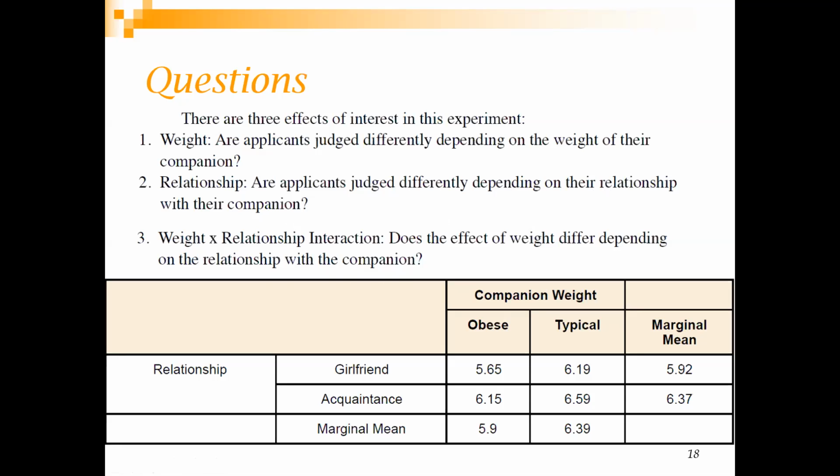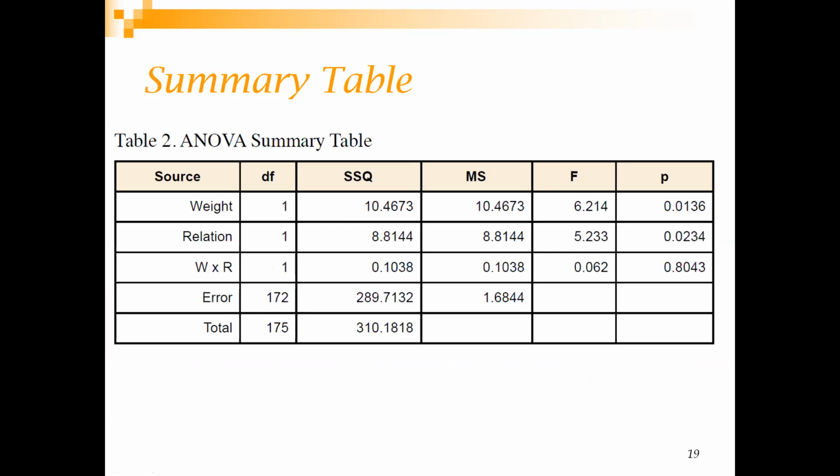When you calculate all these squares, as we explained earlier, you will get F scores for the different values. First we get it from weight, then from relation, and finally for weight into relation. As you can see, probably only weight into relation is statistically significant here. For the other two, you can reject the null.